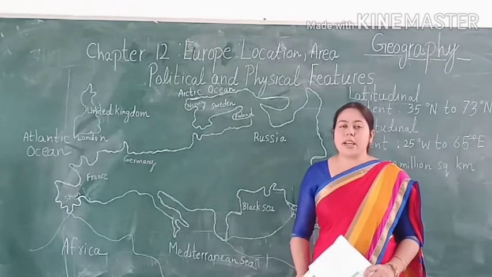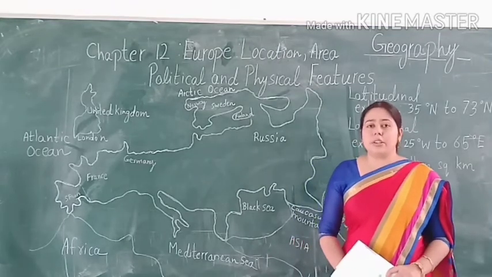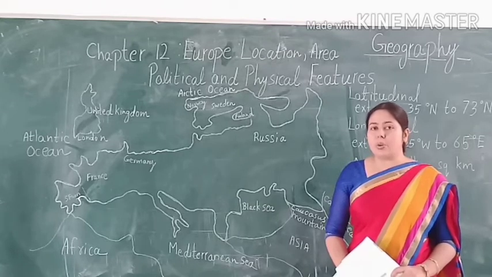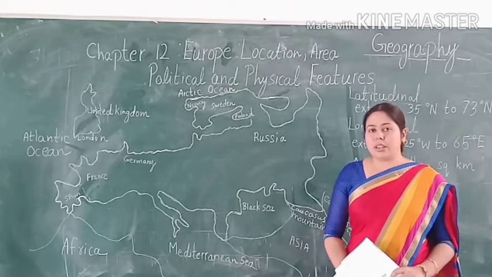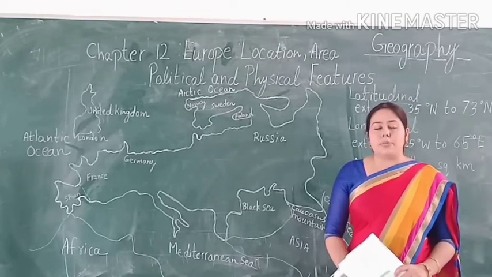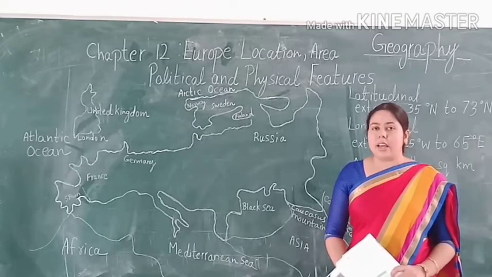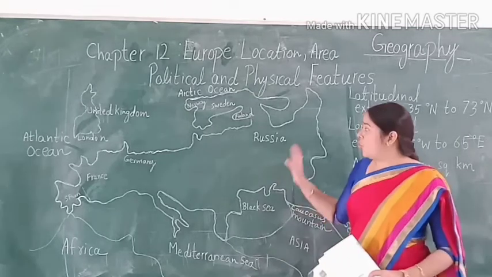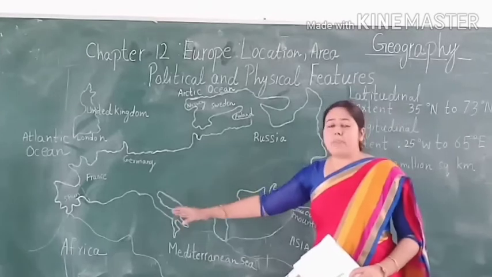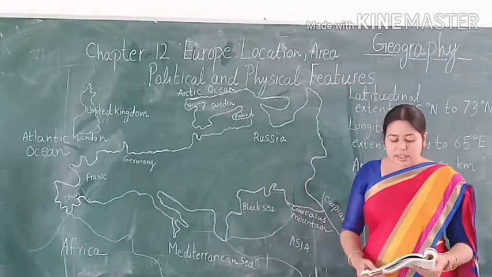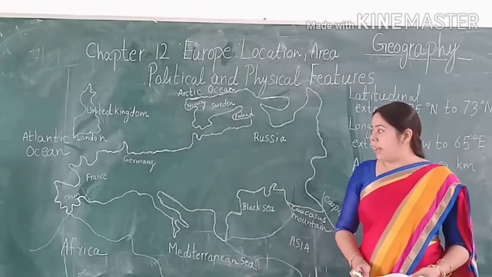Why? Because India is covered on three sides by water. In the south is the Indian Ocean, in the east the Bay of Bengal, and in the west the Arabian Sea. So India is a peninsula, and Europe is called the peninsula of peninsulas because it has so many peninsulas.